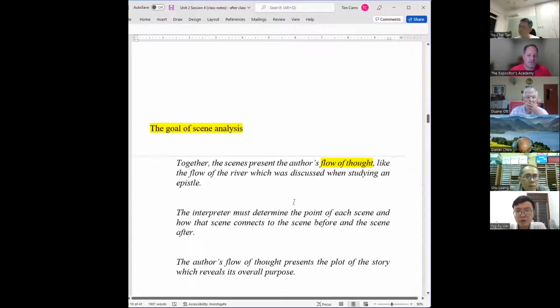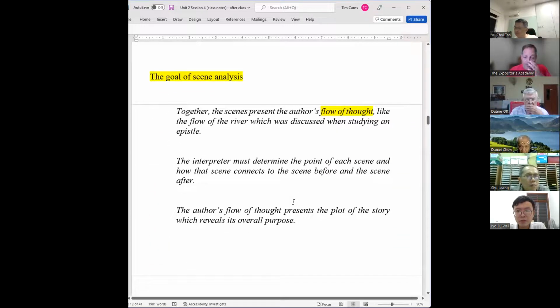And that takes us to, again, the goal of scene analysis, which is trying to determine the point of each scene. That is, why is this particular scene in the story? I think last week, I believe we talked about John 4, and the scene with Jesus and his conversation with the disciples. And then even asking, okay, what is this scene doing here? And how would the story be different if we took that scene out? What would change?